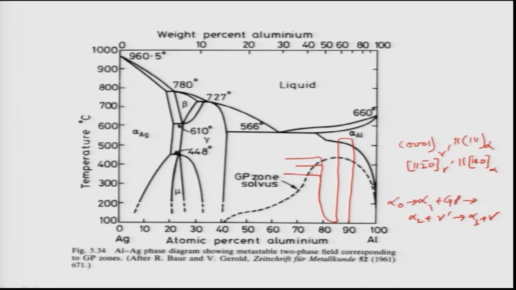That is the routine way of doing things. Here the final gamma precipitate is Ag2Al, and they are actually plate-like, like aluminum Al2Cu, and the behavior is almost similar.